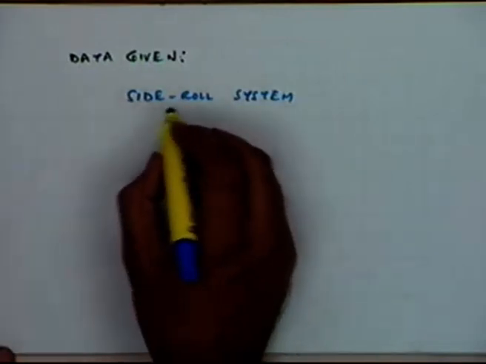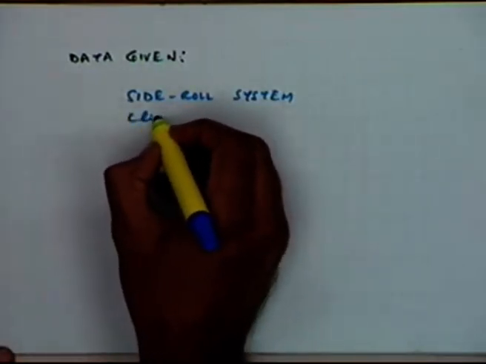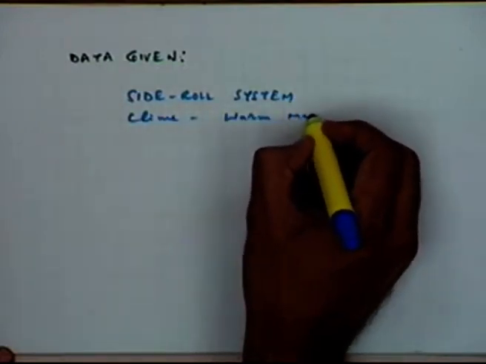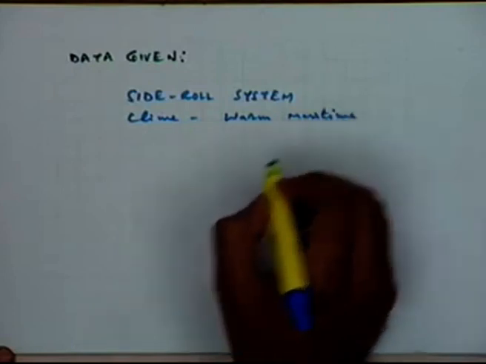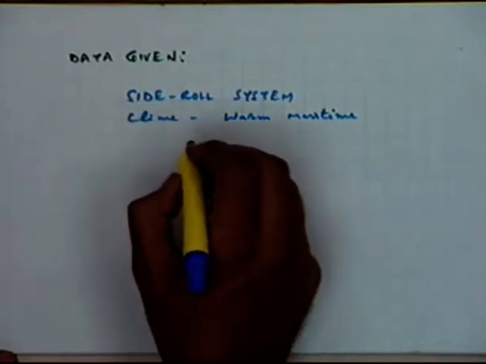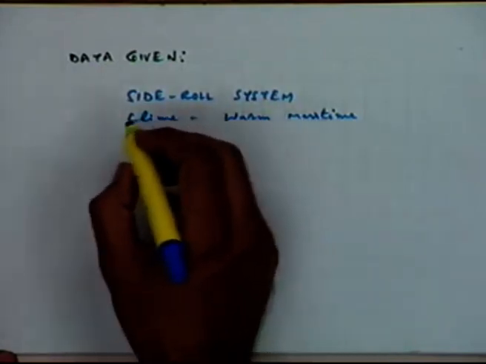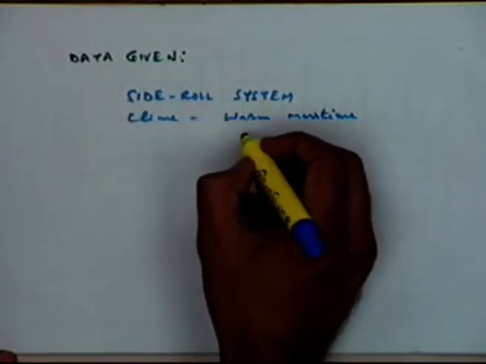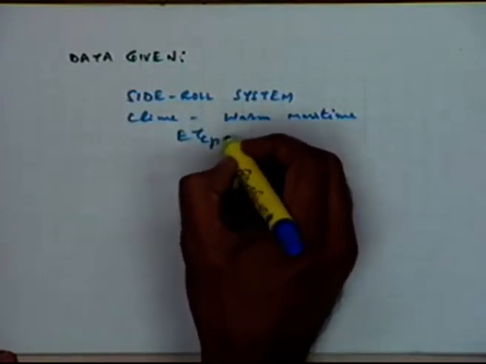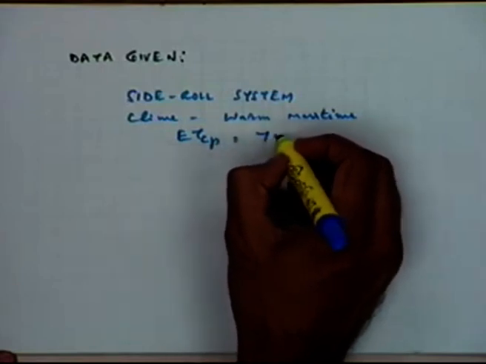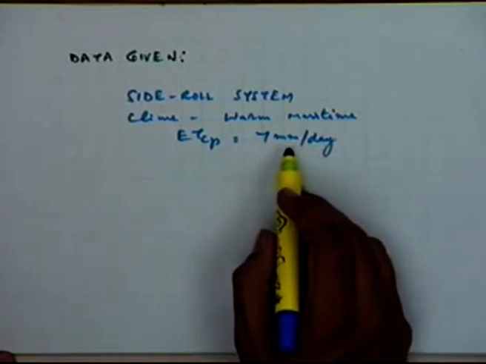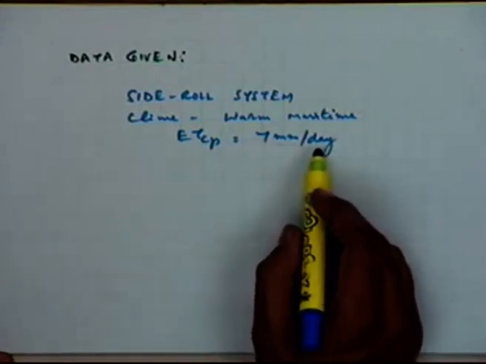The climate of the region is warm maritime. The peak crop period requirement, ETc, is known to be 7 millimeters per day.